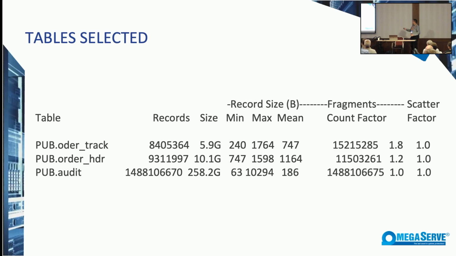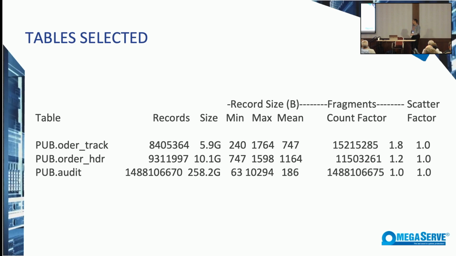So we picked a table with the highest scatter factor, 80% fragmentation factor, called order track. Another one, order header, which only has 20% fragmentation, but it's a very extensively used table. Something like 60 to 80% of the application writes to this table in and out.